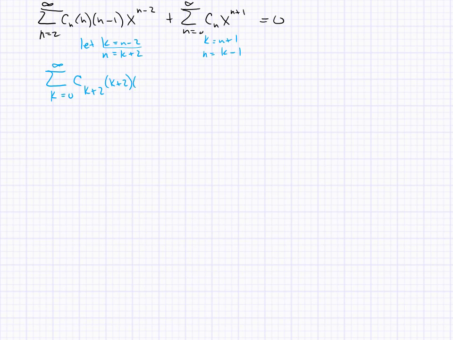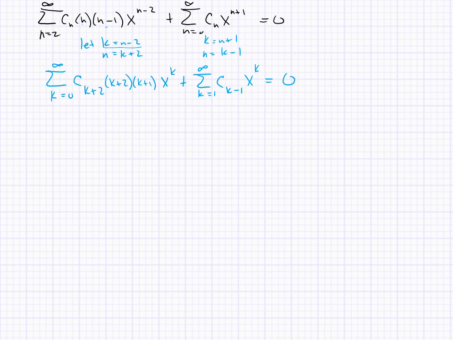Again, I'm just plugging n as k plus 2 in here, here, and here. So k plus 2 minus 1 would be k plus 1, x to the k, plus the sum of, well, if n is 0, that would make k now 1, c sub k minus 1, x to the k. All right, so now our powers are matched up.